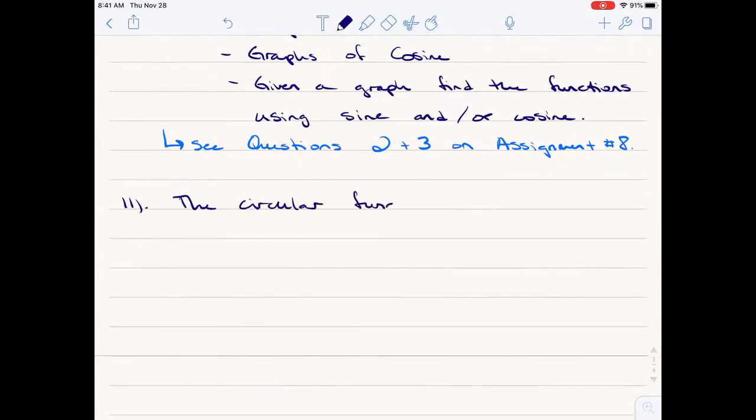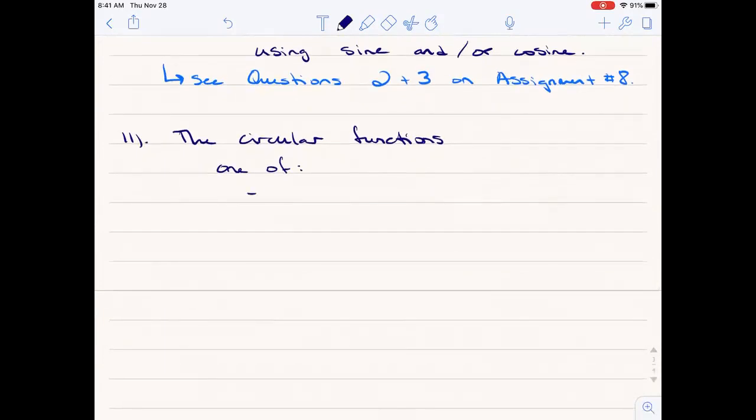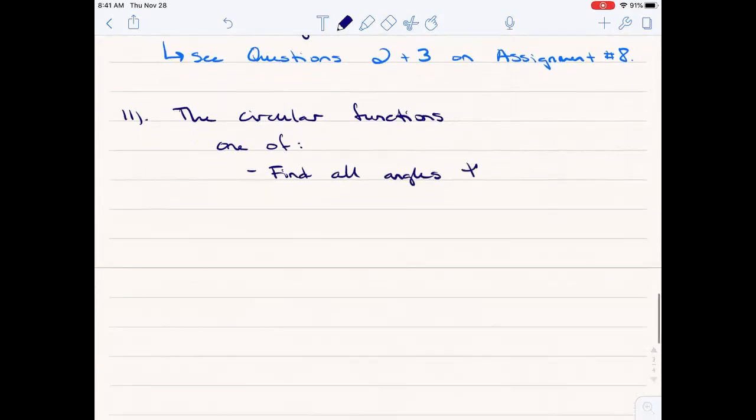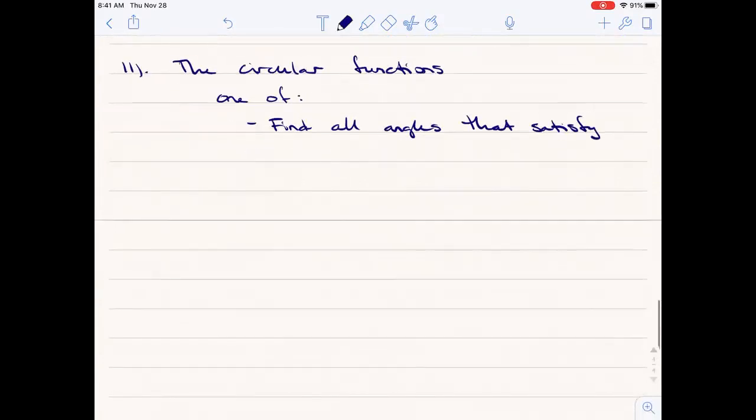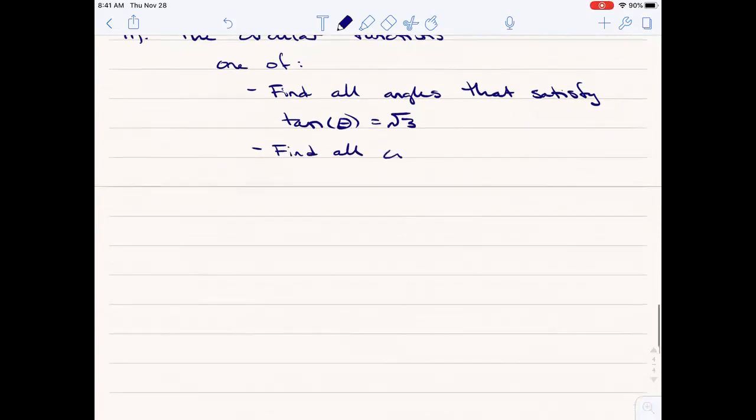It's going to be one of either find all angles that satisfy tan theta equals √3, for example, or find all circular functions.